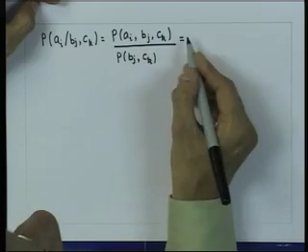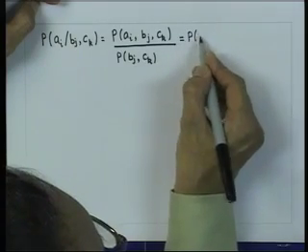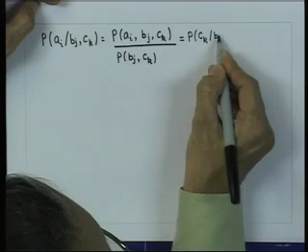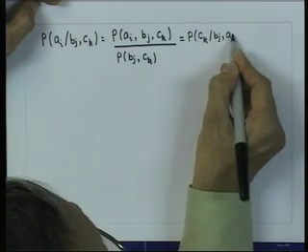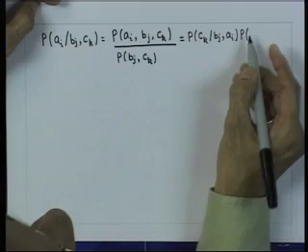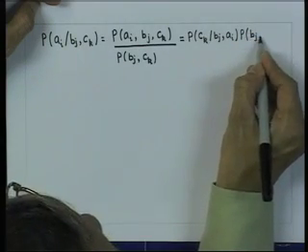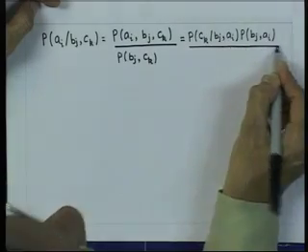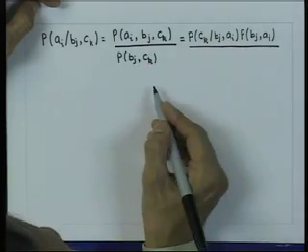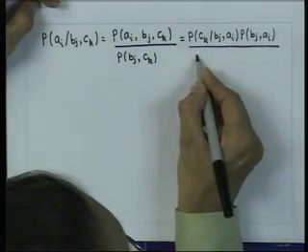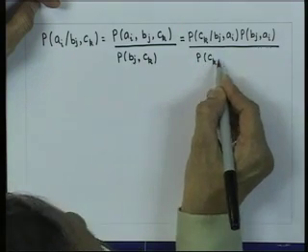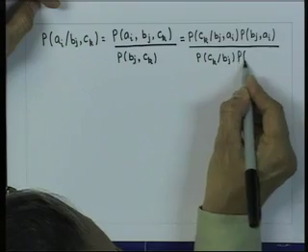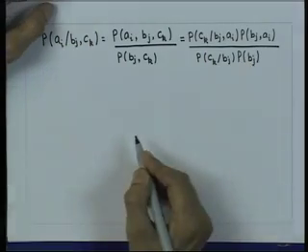Now, this can be written as probability of C k given B j A i multiplied by probability of B j A i. The probability of B j and C k is the probability of C k given B j multiplied by the probability of B j.